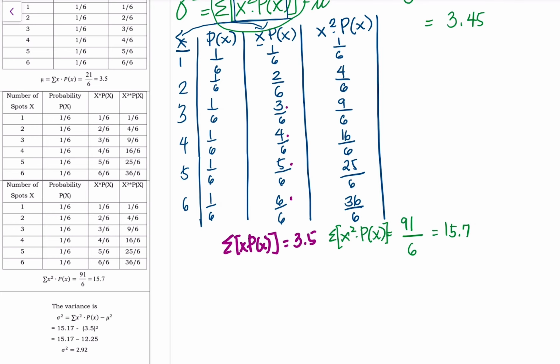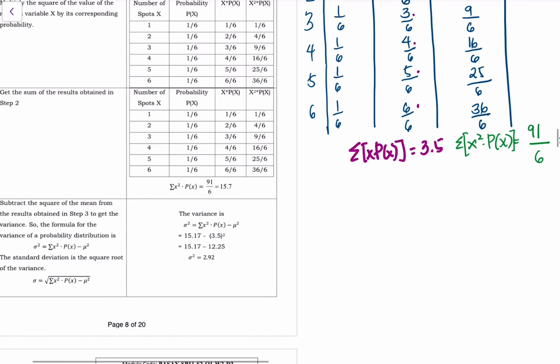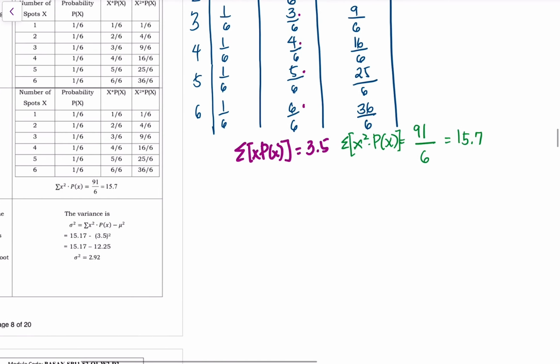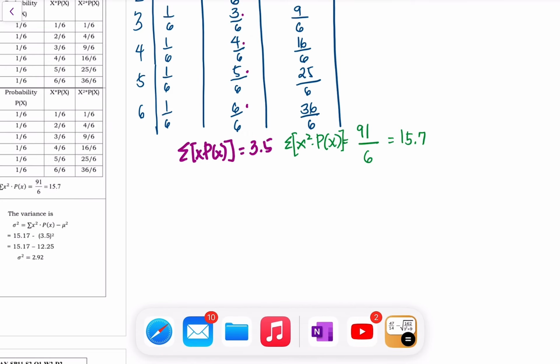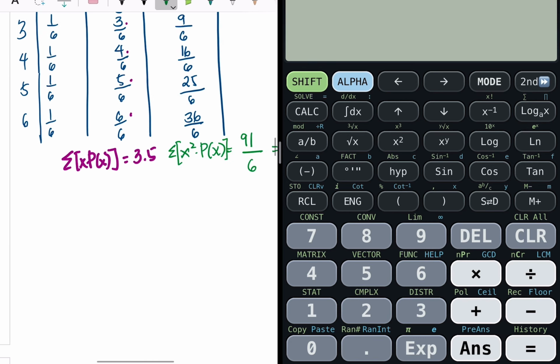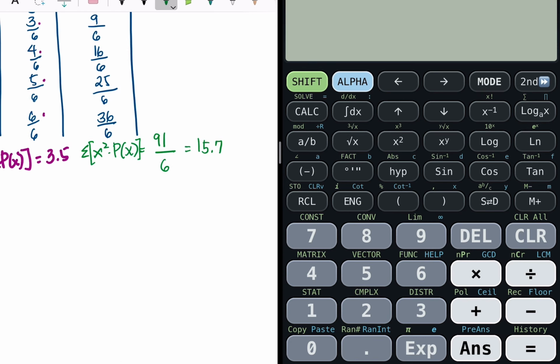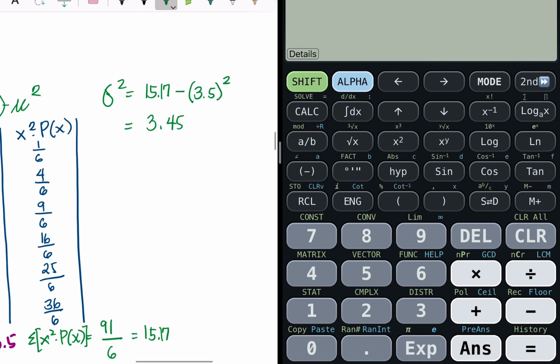Okay? So, yan. But here in our module, it's not 15.7 pala, it's 15.17 rather. So, 91 divided by 6. Balik nga tayo. Kung tingnan natin to. So, we have here, a while ago, our answer is 91 over 6. 91 divided by 6 is equal to 15.17 pala. So, if this is 15.17, we are going to correct it.